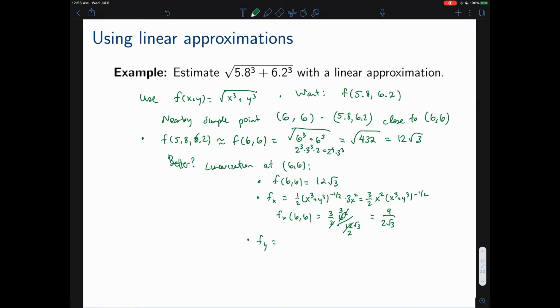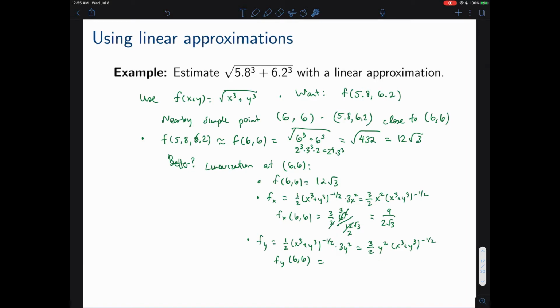For the y derivative, taking the partial derivative, we get 1/2 (x cubed plus y cubed) to the minus half times 3y squared, or 3 over 2 y squared (x cubed plus y cubed) to the minus half. And fy of 6, 6, well, it's actually going to be the same thing, right? These derivatives are the same except with x versus y, but x is 6, y is 6.